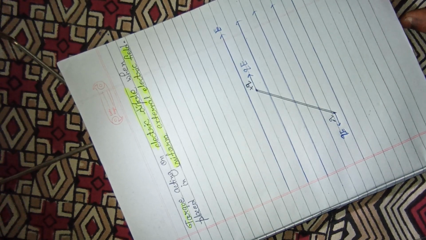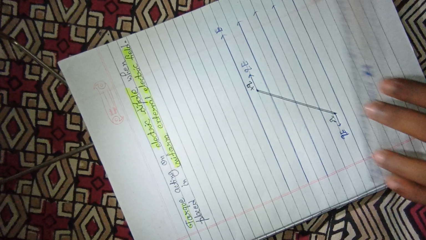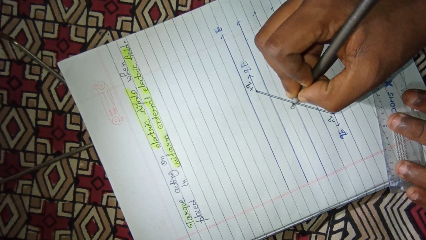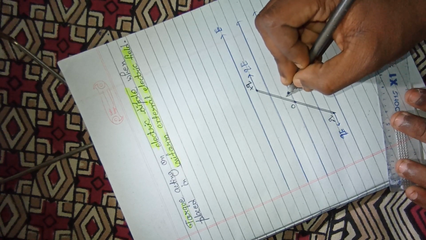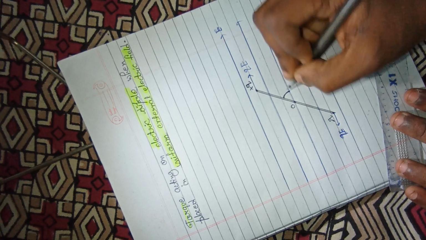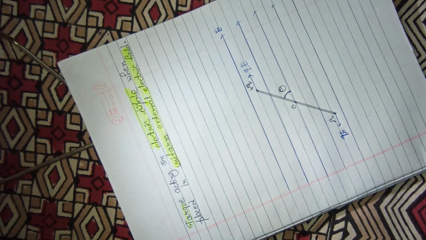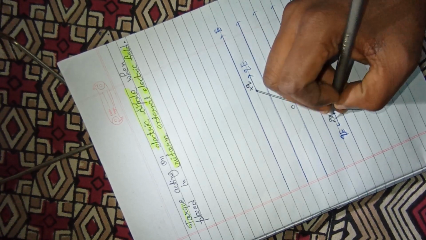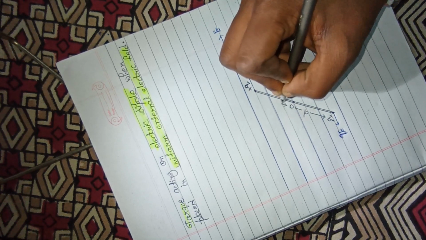Let's say the dipole makes an angle theta with the electric field. This is the center of the dipole, O. Since this is the center of the dipole, if this distance is d, then this will also be d.